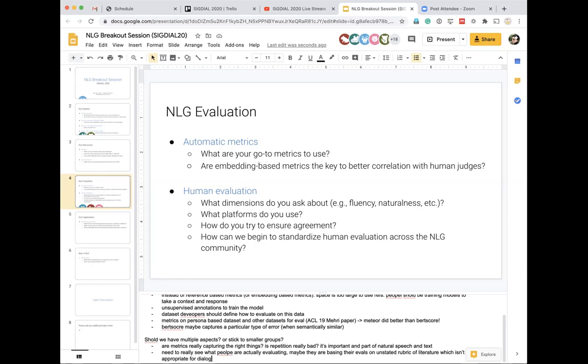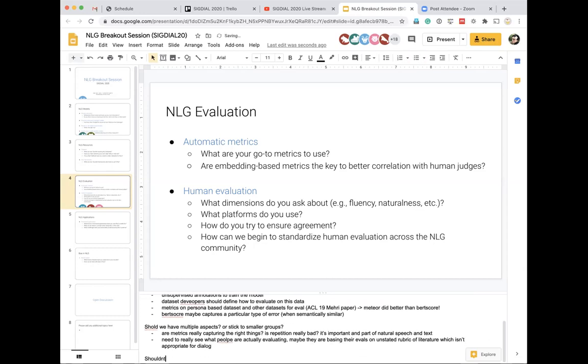If I could add to that, I think a very related point that most people seem to have forgotten is that what we would really prefer to be doing is extrinsic evaluation and not intrinsic evaluation, right? So intrinsic is: is this grammatical, is this natural, just evaluating this really out of the context of what it is supposed to be doing. Whereas extrinsic is basically about effectiveness.